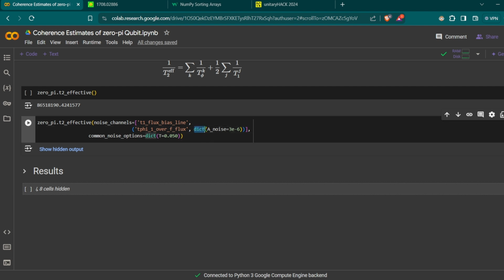This dict parameter basically defines the noise, which is due to the amplitude, and the parameter of the noise channel. So if we run this, we'll get this value as such.